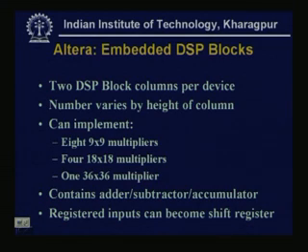Here, 2 DSP block columns per device, and the number varies by height of column. They can implement 8 9 by 9 multipliers, 4 18 by 18 multipliers, or 1 36 by 36 multiplier. So, these are 3 different types of multipliers, and the numbers are also different.